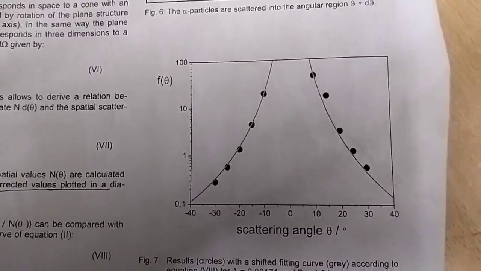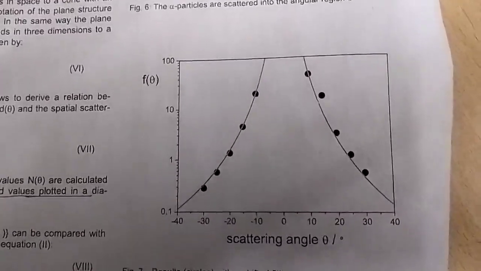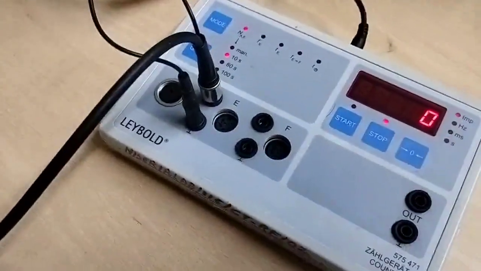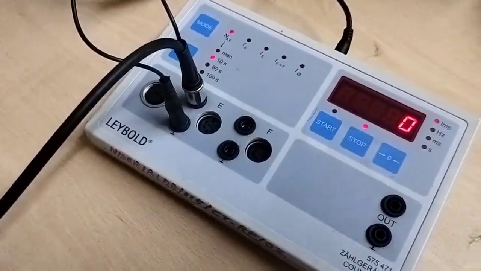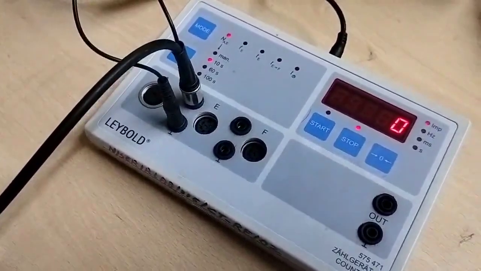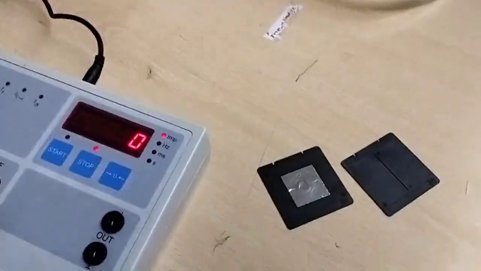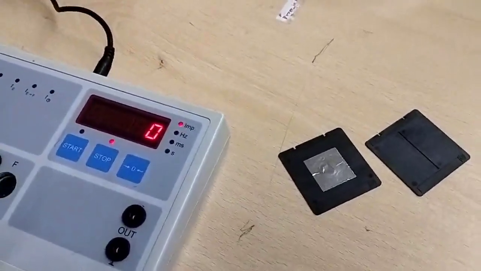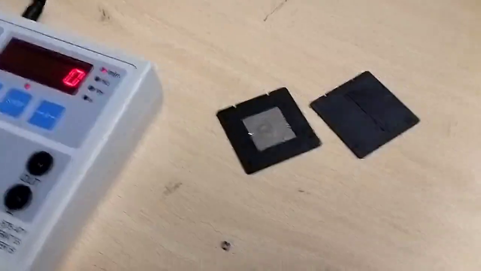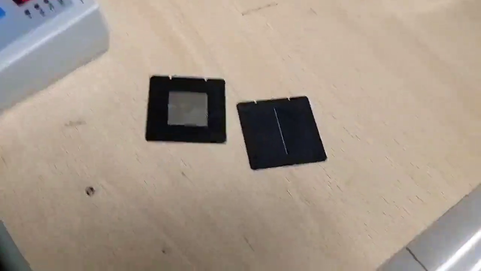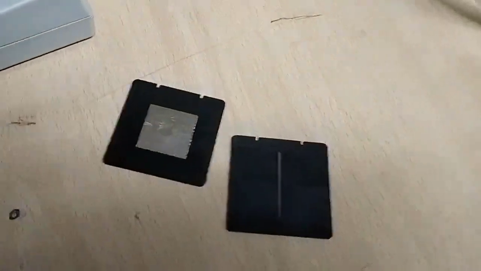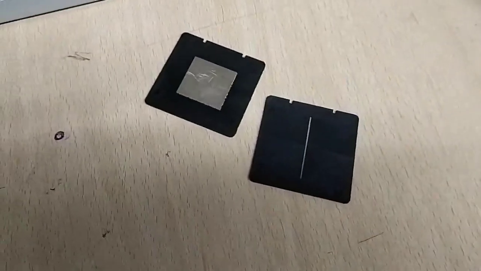Then from this data you plot the scattering angle versus f of theta. The measured counting rate decreases rapidly with angle, confirming the inverse square angular dependence predicted by the Rutherford formula. To determine the nuclear charge number, we replace the 5 mm slit with a 1 mm slit to improve the angular precision.